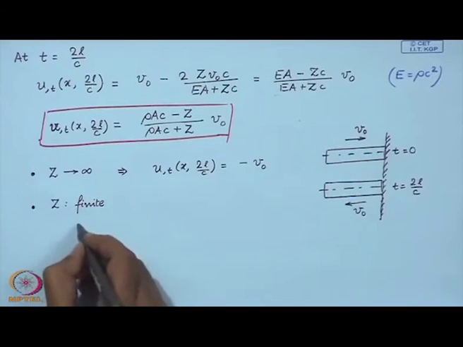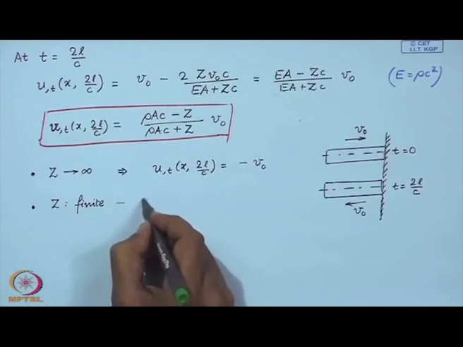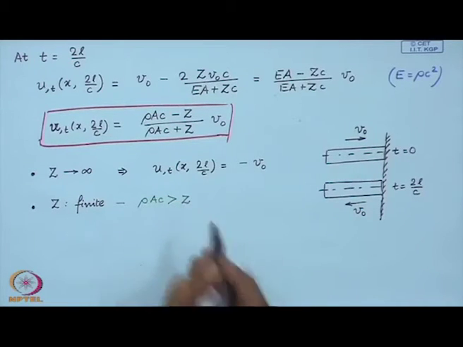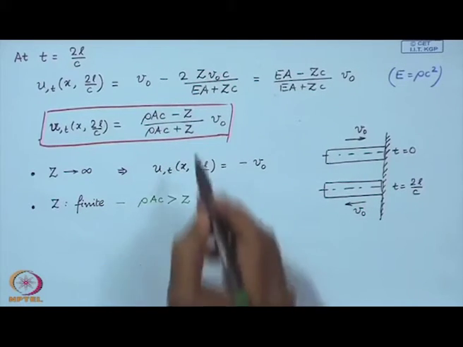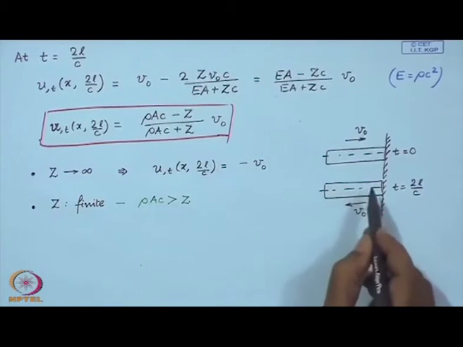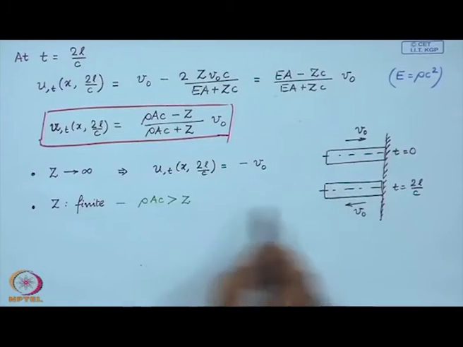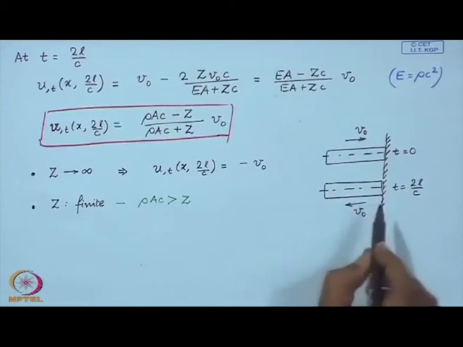The first case could be rho A c is greater than the impedance of the bar. Which means the impedance of the bar is greater than the impedance of this wall or the obstacle with which it is colliding.